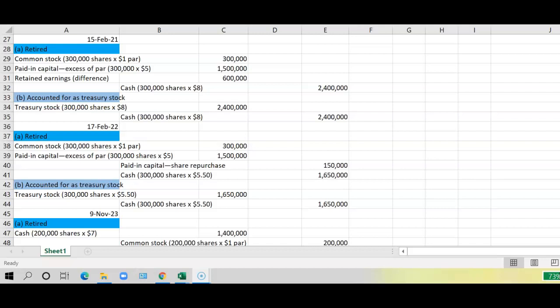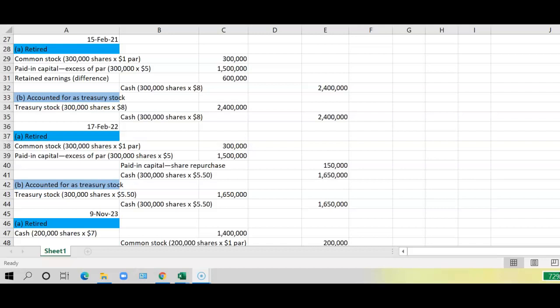Now, there are two ways to record this. There's the actual retirement of the stock method or the treasury stock method. I will go over each method separately and explain the journal entries as we go through this problem.